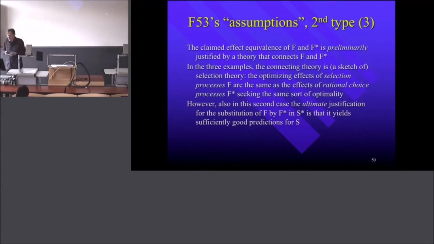Also, in the second case, the ultimate justification for the substitution of F by F star in S star is that it yields sufficiently good predictions for S. Right? So you make this substitution, it is theoretically motivated, you've got an argument why this should be a possible substitution, but the ultimate argument, as always in Friedman, is you've got to find out whether it's predictively valid or not, right?